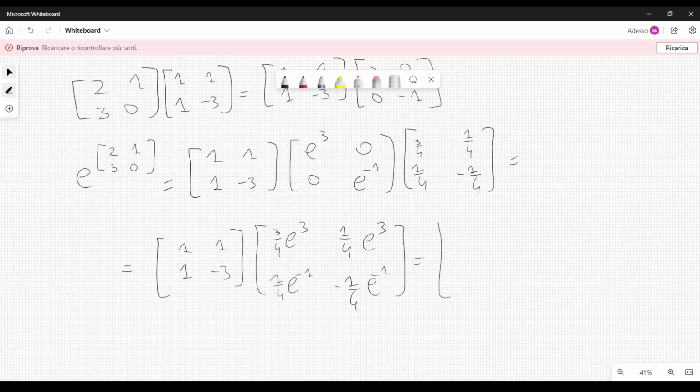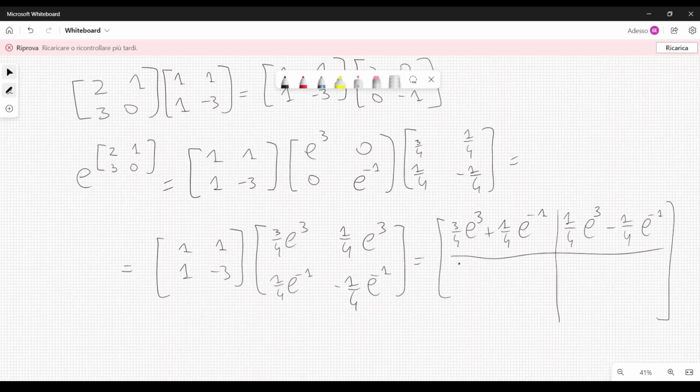This is equal to 3/4 e to the third power plus 1/4 e to the -1. Let's split the elements of this matrix. Then I have this row multiplying this column. So I have 1/4 e to the third power minus 1/4 e to the -1.